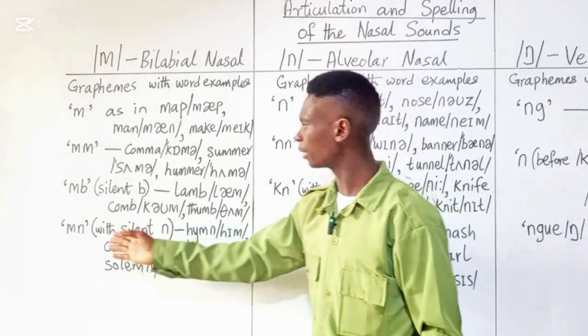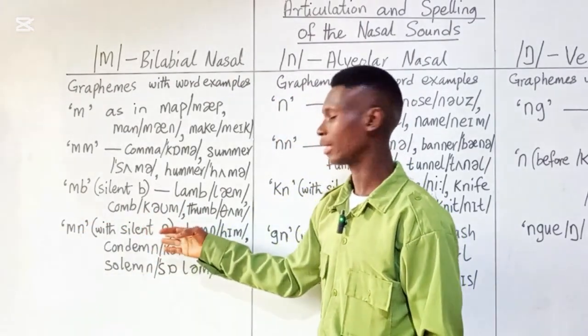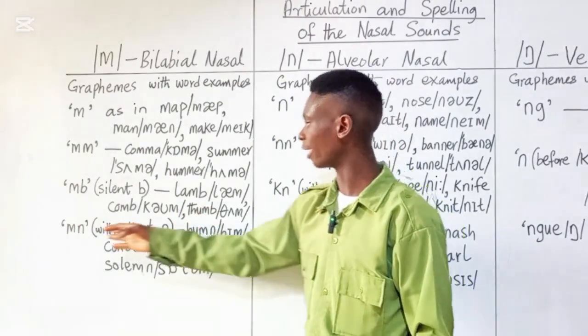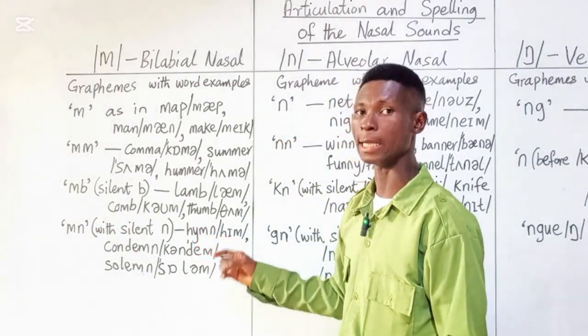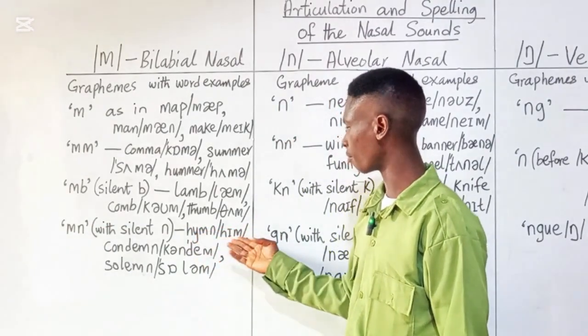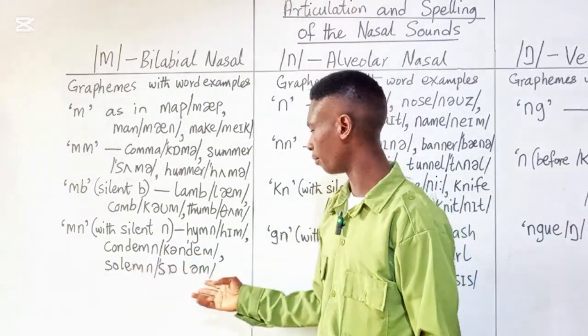Moreover, in place of MN, that is with silent letter N, we don't have the /n/ sound. What we have in place of MN is the /m/ sound, in words like hymn, condemn, solemn.